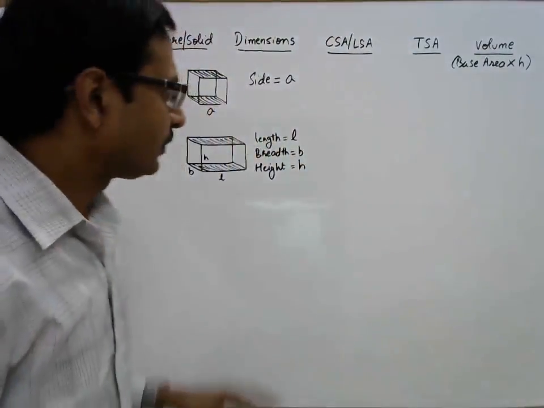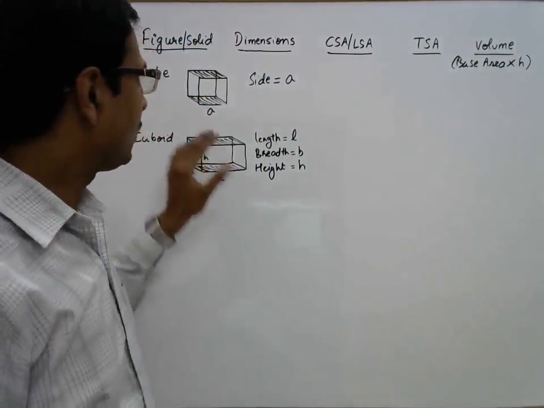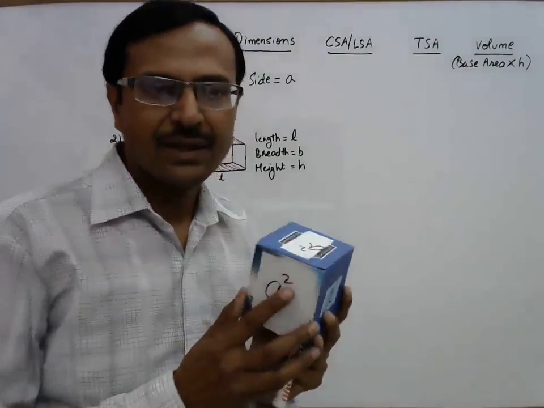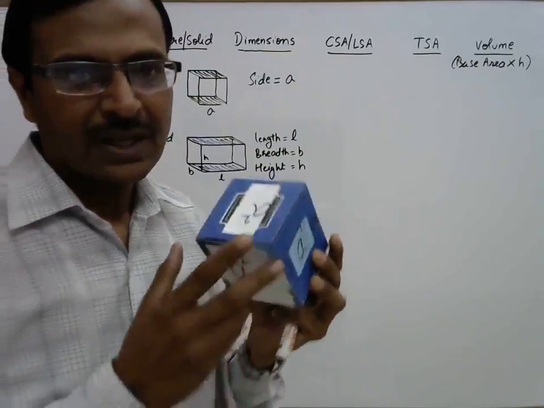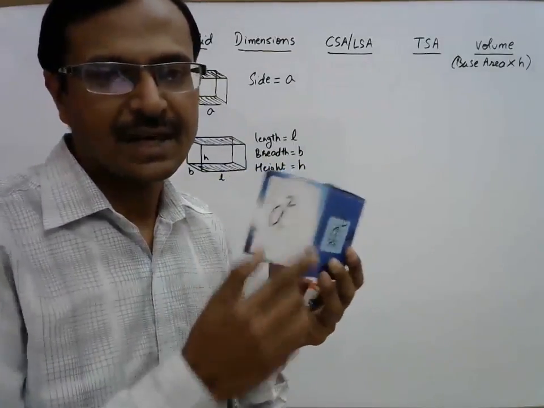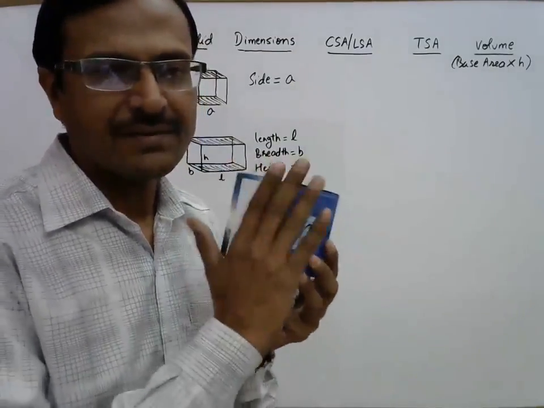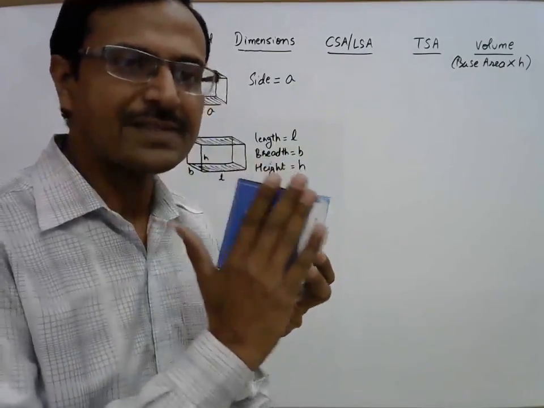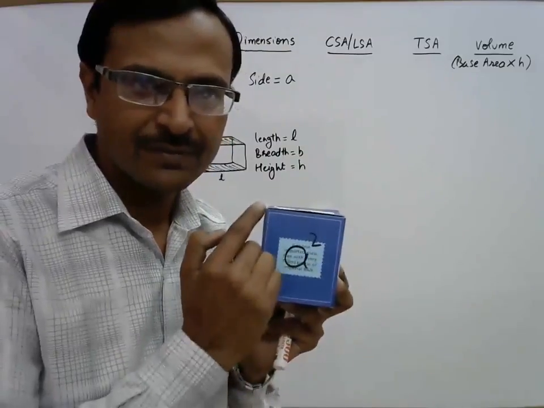Okay, so I was just telling you about the cube. Now see, this is a cube in which all the sides are same, and we have 6 faces of this cube, and all the faces are square in shape.